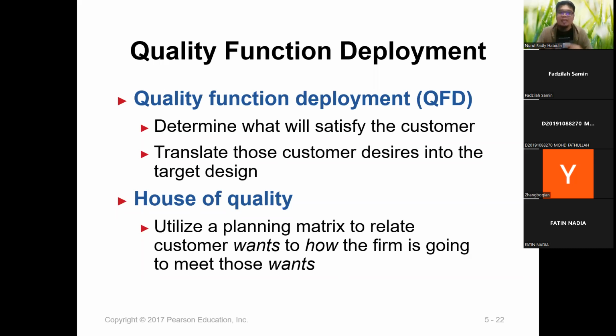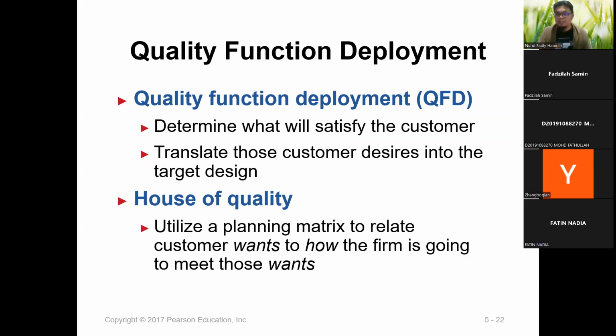We can apply QFD. So that's important, how quality function deployment relates to the customer requirement. In order to get the customer requirement, we can use a tool, which is QFD, to determine the customer level of satisfaction. Okay, what the customer needs, what the customer voice, what the customer spec.